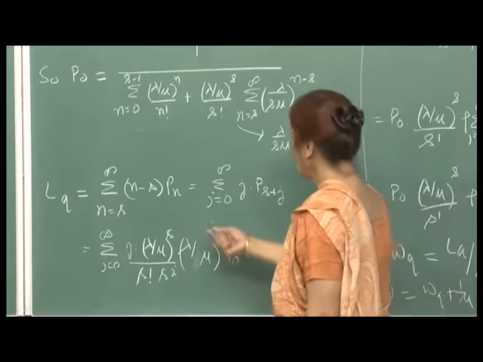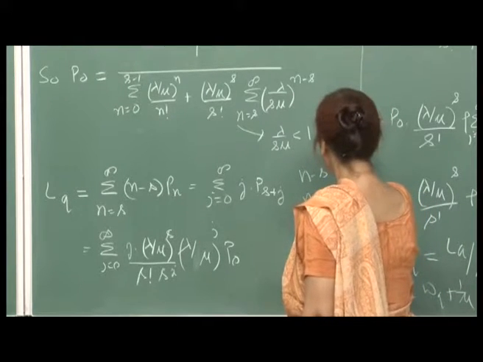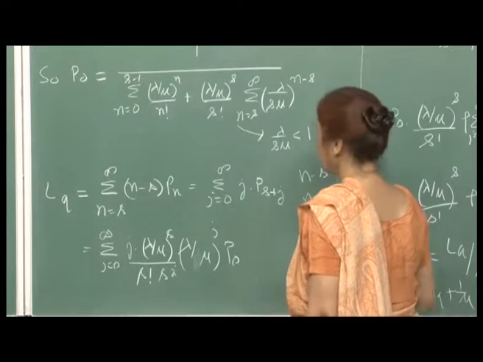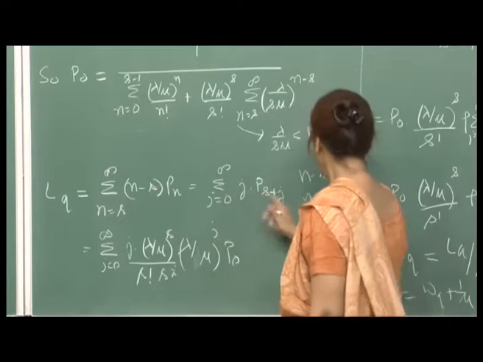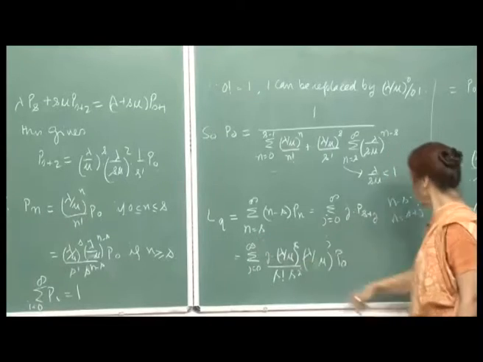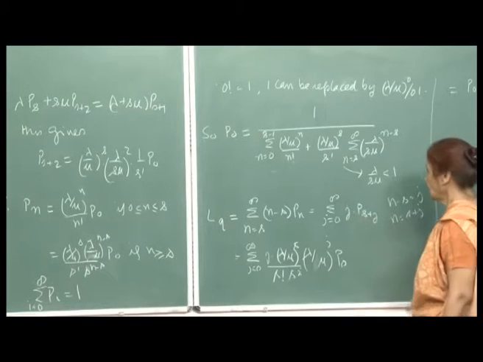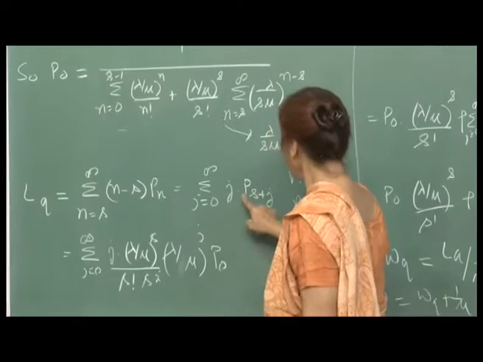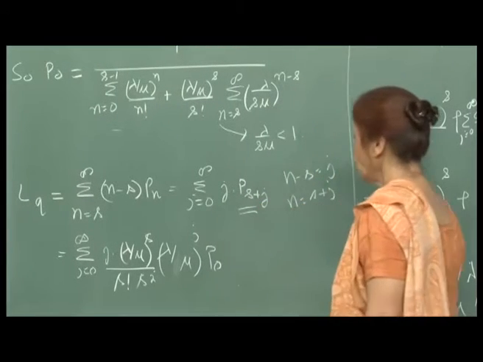And here if you want to write n minus s as j, then n is s plus j, right. So, therefore, you can then say that j varies from 0 to infinity, because n is varying from s, and this will be j into p s plus j. So, we have a nice way of writing the probability for this.